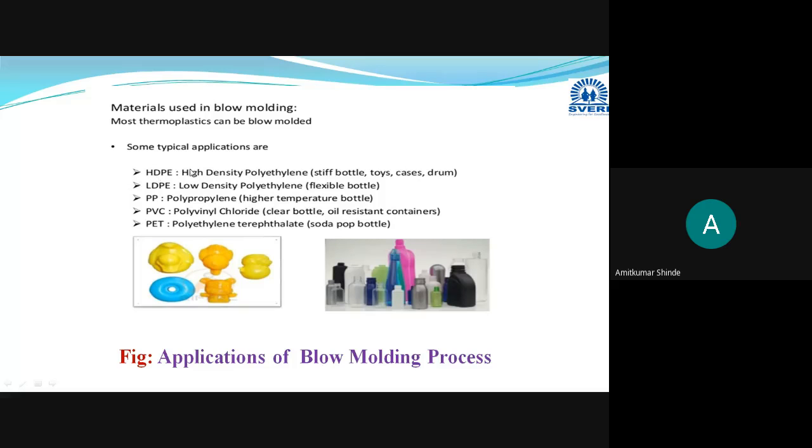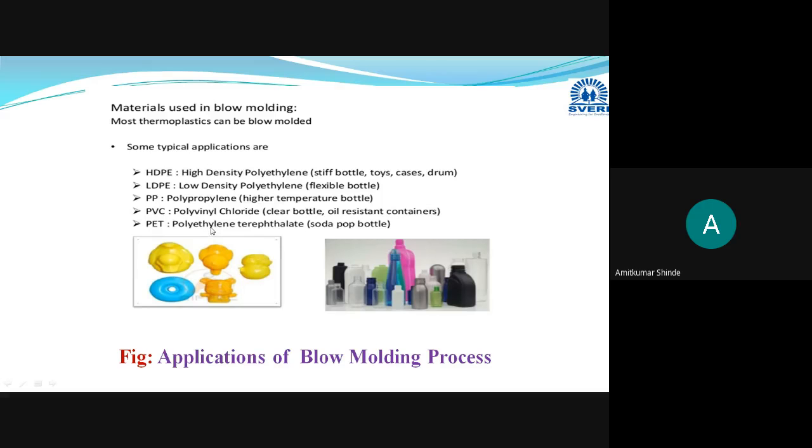Now high density polyethylene is used for manufacturing some toys, cases, and different kinds of drums. Then low density polyethylene is used in the manufacturing of some flexible bottles. Then polypropylene is used for high temperature bottles, which can sustain high temperature also.